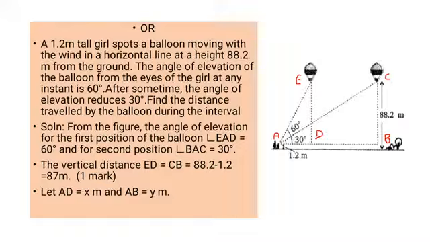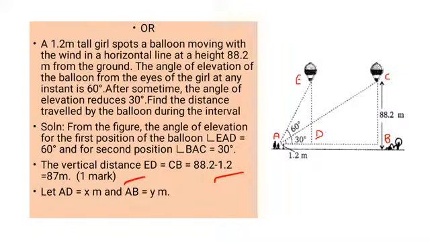Here, the question says she is observing the balloon from her eye, therefore we have to deduct the height of the girl, that is 1.2, from 88.2, and we will get 87 meter.